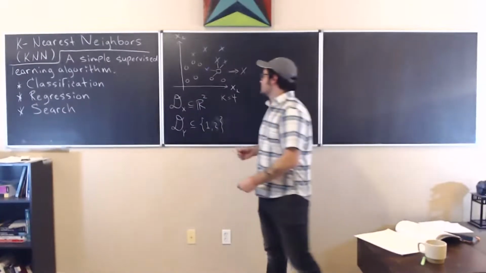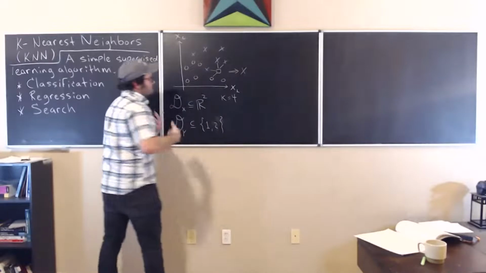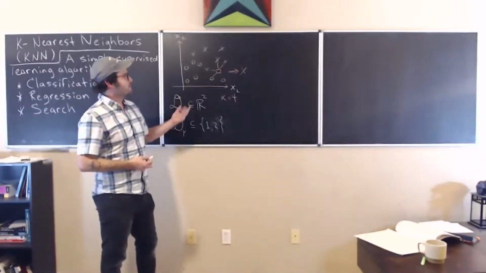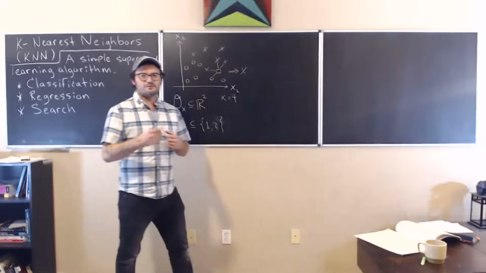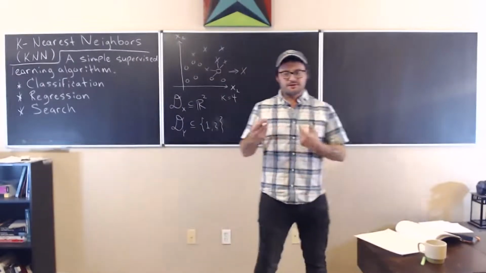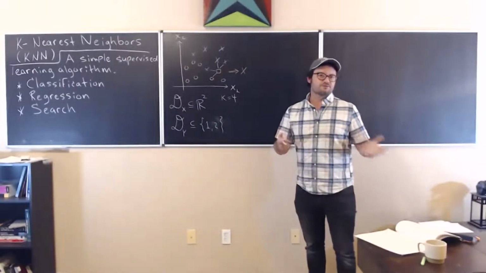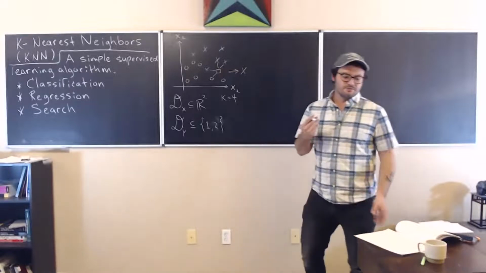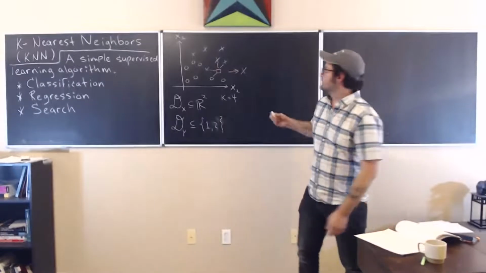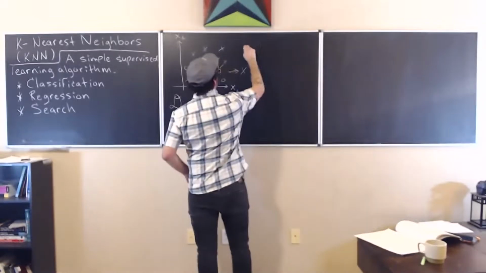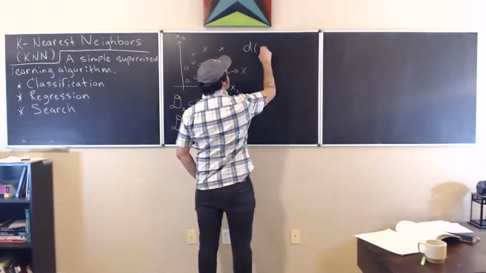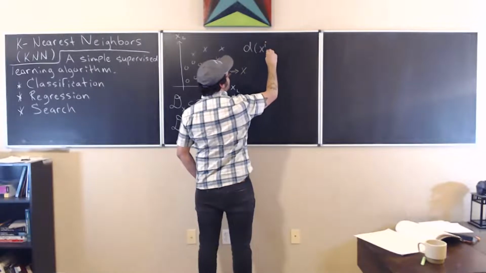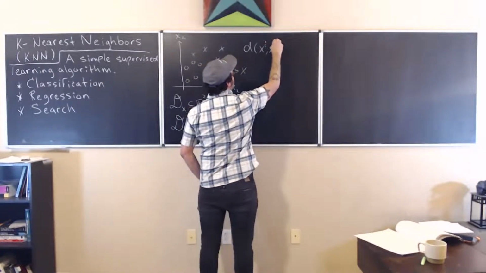Okay. In order to implement k-nearest neighbors, we need some metric to determine distance, and there are many different ways to do this. For today's lecture, we're just going to use the standard Euclidean distance between points, or feature vectors, xi and xj.